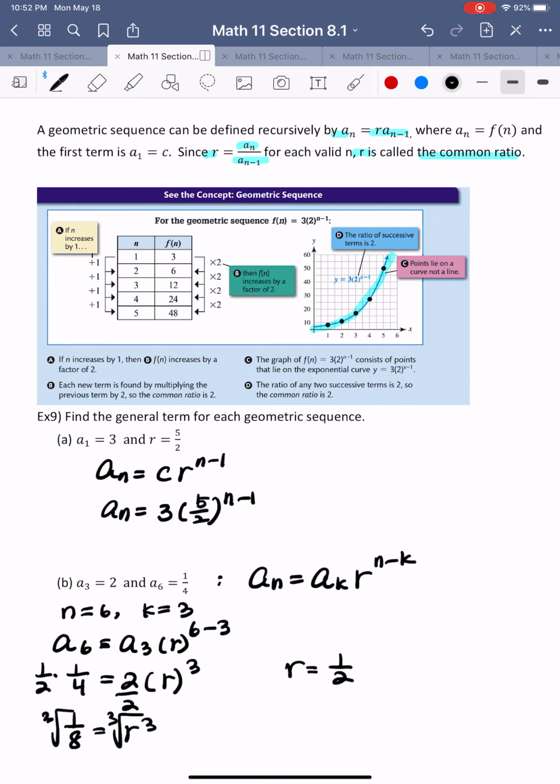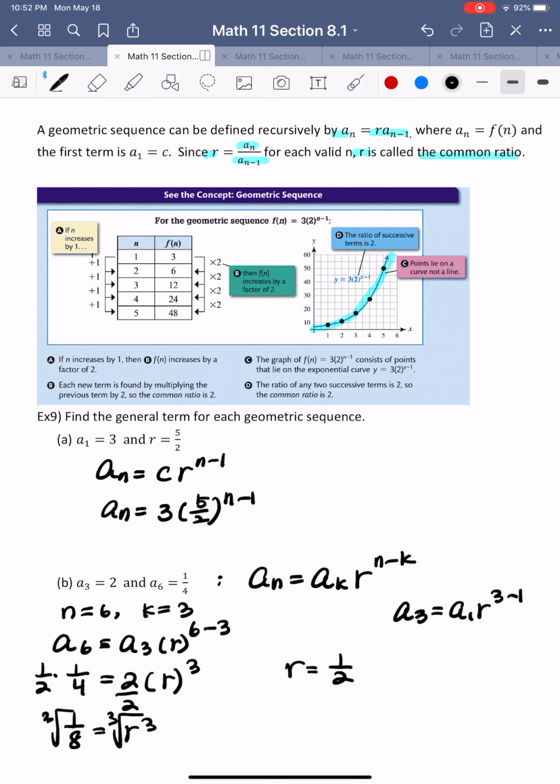Okay, and then to find a sub 1, same thing too. This time n is 3, so a sub 3 equals a sub 1 times r to the 3 minus 1.